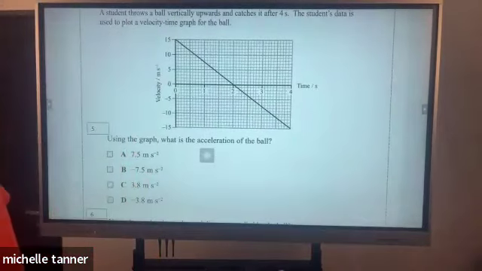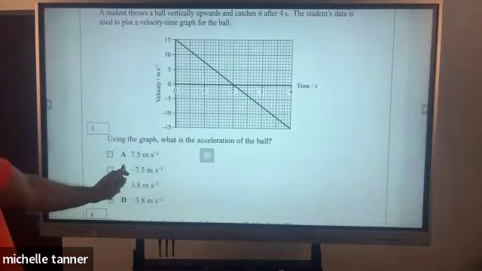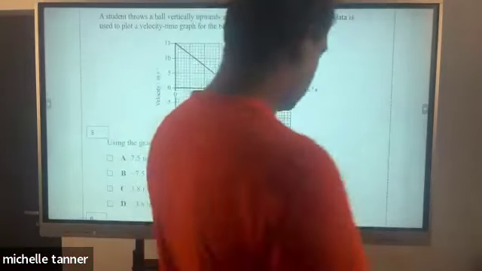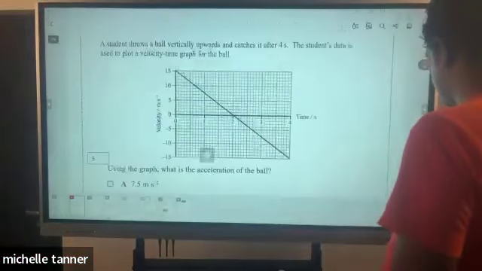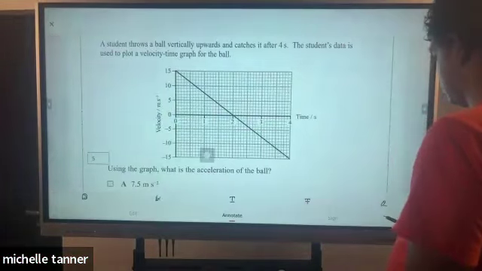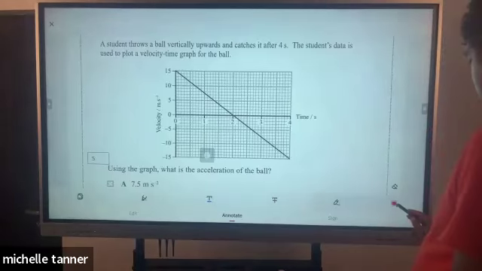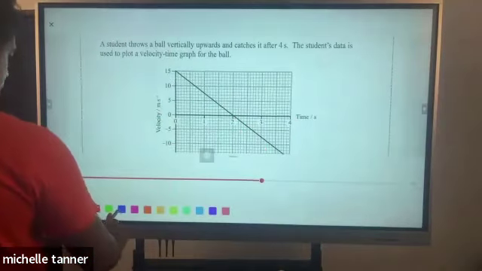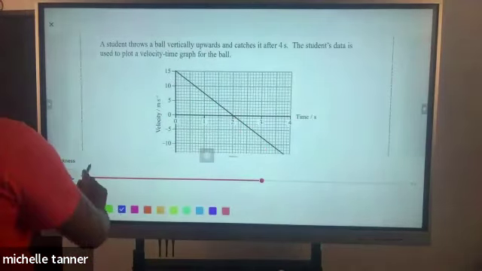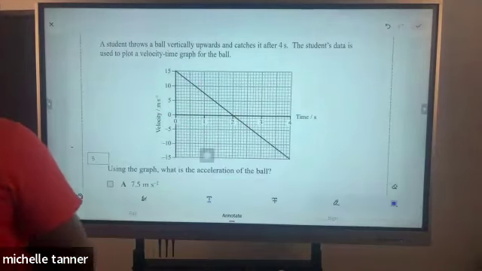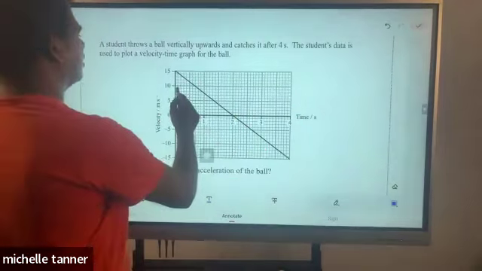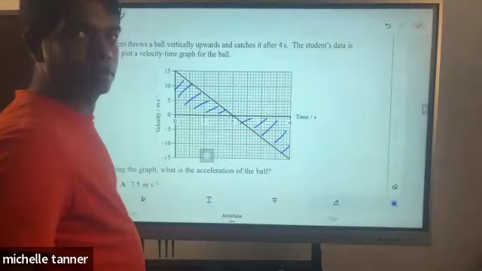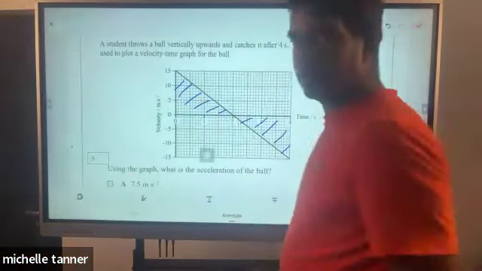Then it is the addition of the areas. Then calculate the area.